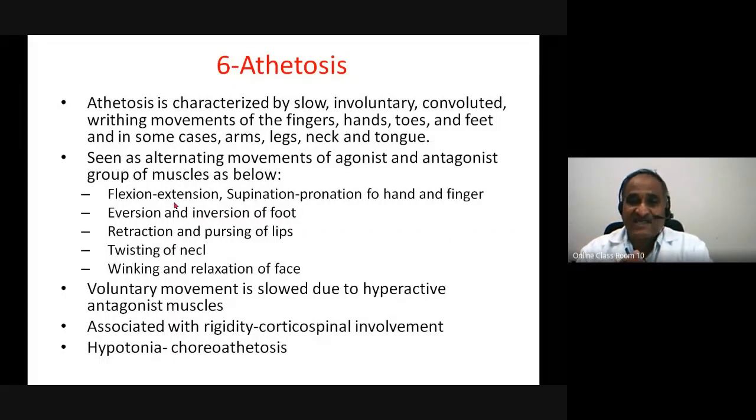The voluntary movement is slowed due to the hyperactive antagonist group of muscles associated with the rigidity and the corticospinal involvement. Hypotonia is seen in this athetosis.